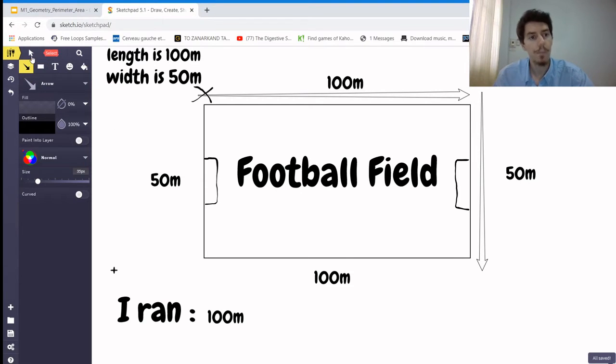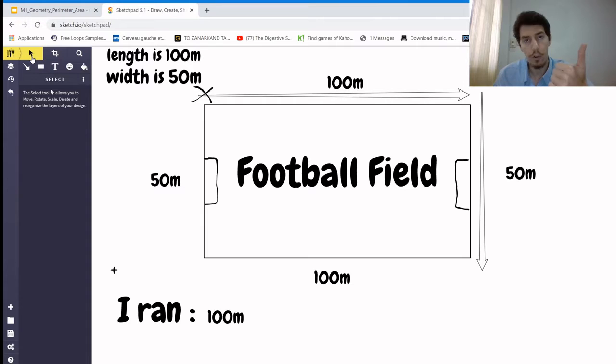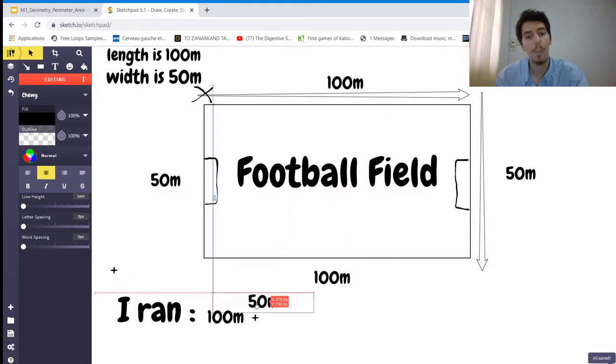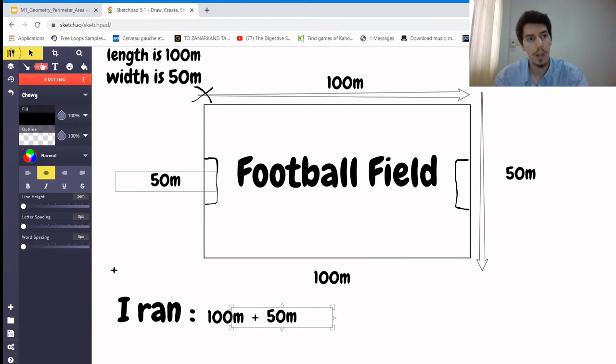So now I run the first side, 100 meters, and the second side, 50 meters. So the total length that I ran so far is 100 meters plus 50 meters.